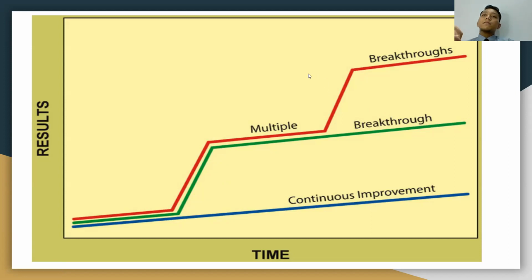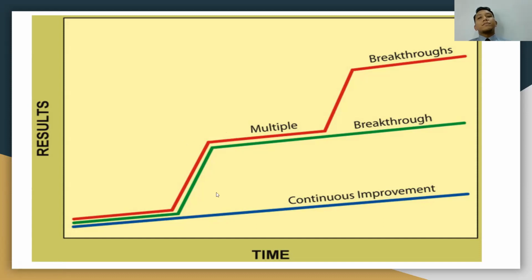So how about combined improvement? For combined improvement, you can see the example on the red line, which combines breakthrough and continuous improvement. Around here it is continuous improvement.